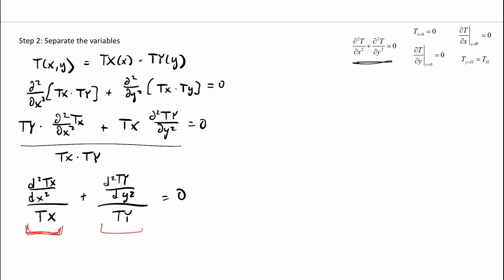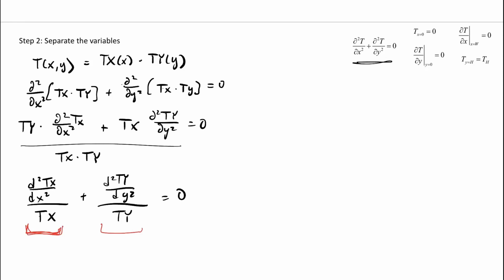So stop and think about that. If you have these two separate things, the only way they can be related to each other is if they're both equal to a constant. Make sure you can see that. If I change x, the other one doesn't change. The only way that can be true is if they're both equal to a constant.